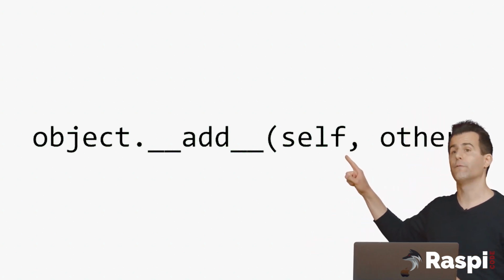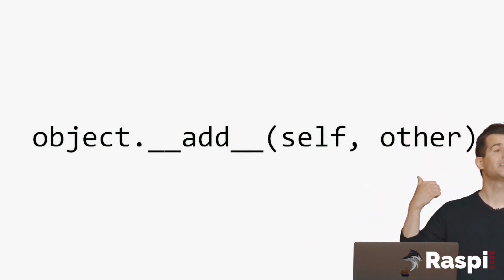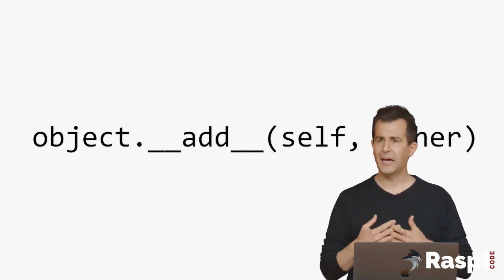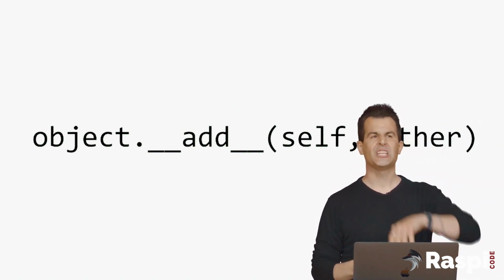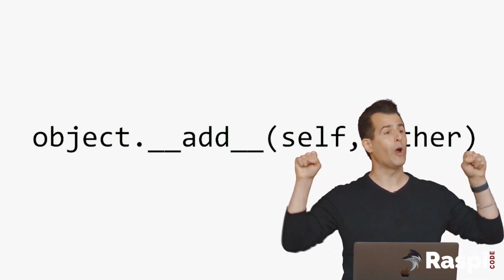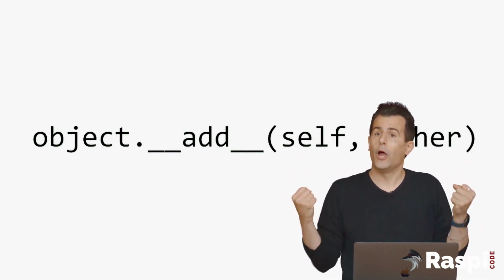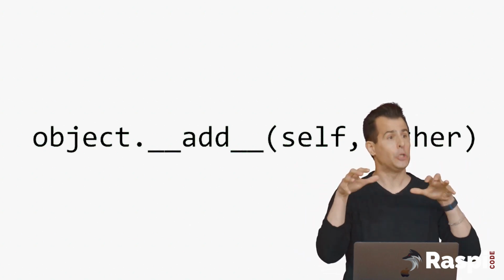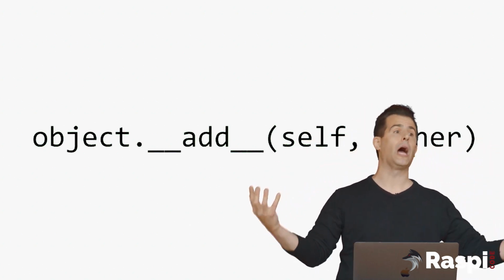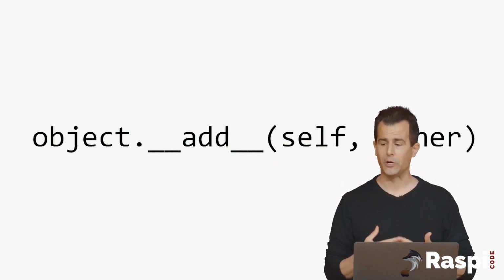By convention, it's going to take a first argument called self, and then some other argument by convention called other. Self, in effect, is going to be referring to whatever object is on the left of a plus sign. Other is going to be referring to whatever's on the right-hand side of a plus sign, thereby giving us a way of describing in code the operand on the left and the operand on the right of the operator plus in between.